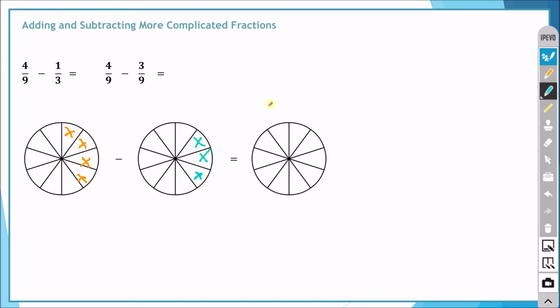What does that make our answer? So we start off with the 4 pieces and we get rid of 3 of them. That leaves us with 1 over 9.